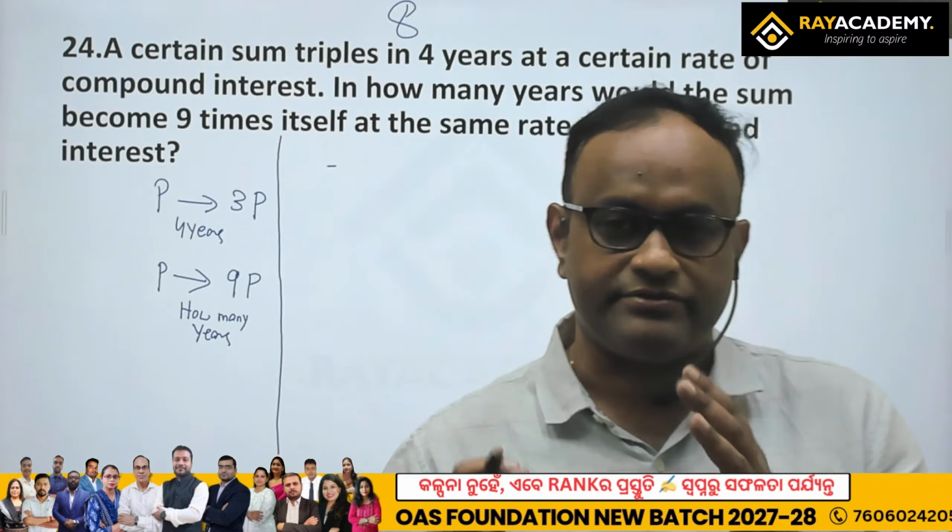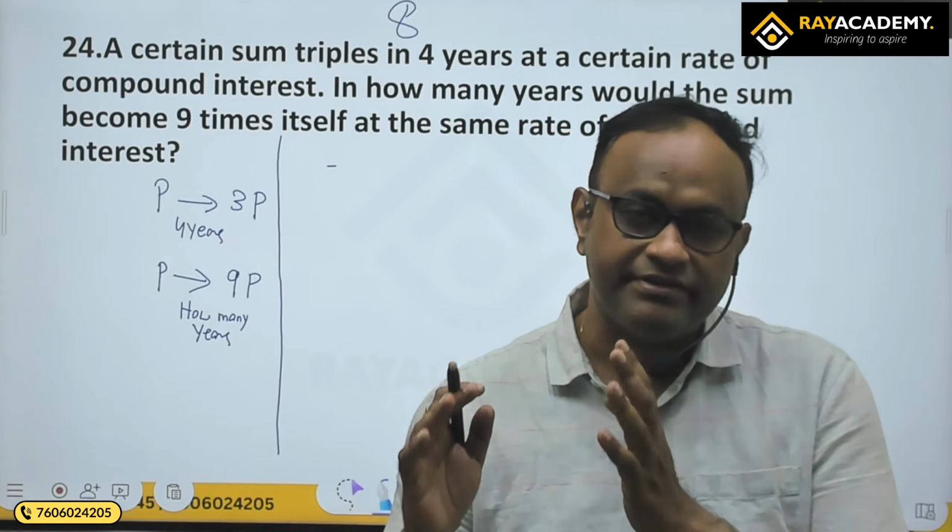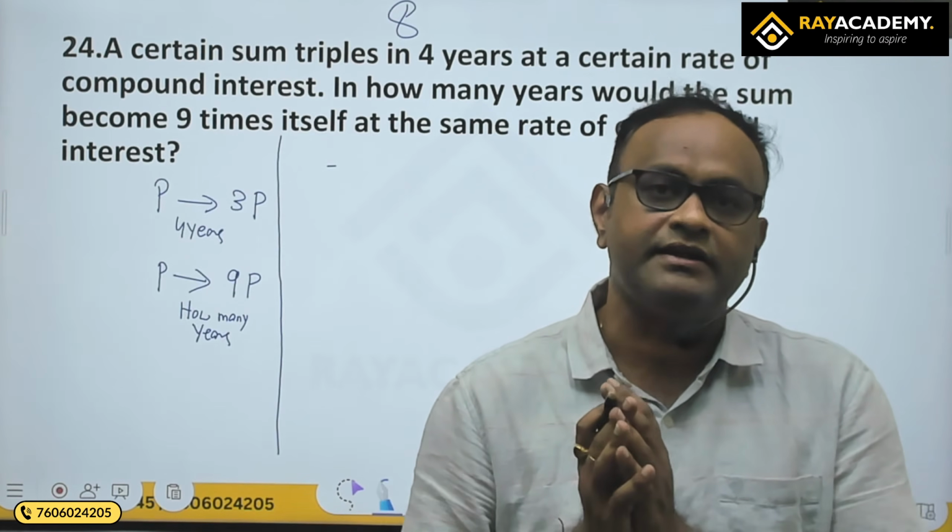In simple interest, in one year you get a certain interest, and next year it will give the same amount of interest, but compound interest is not like that.